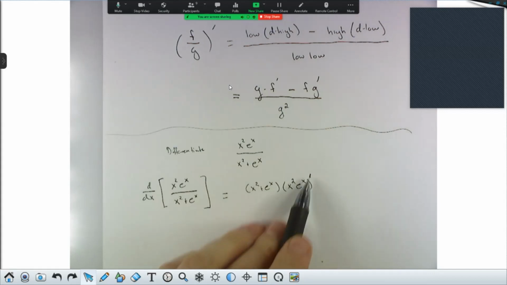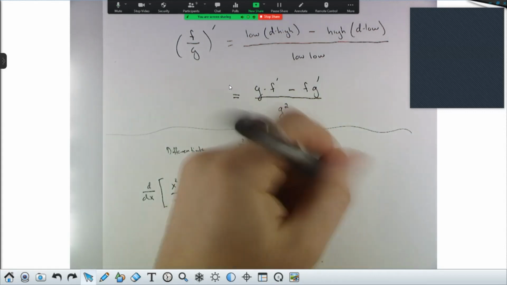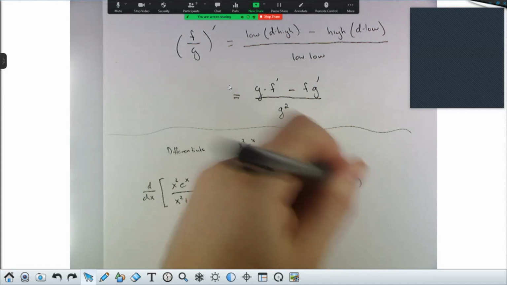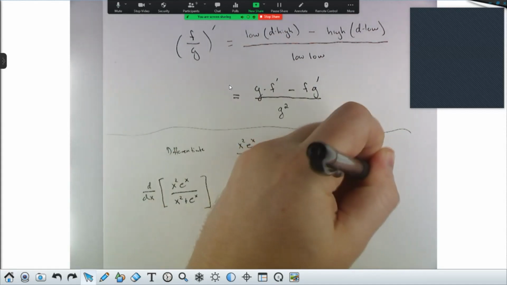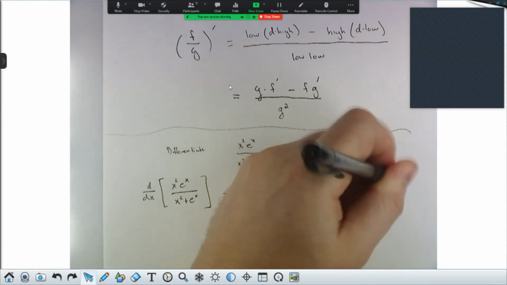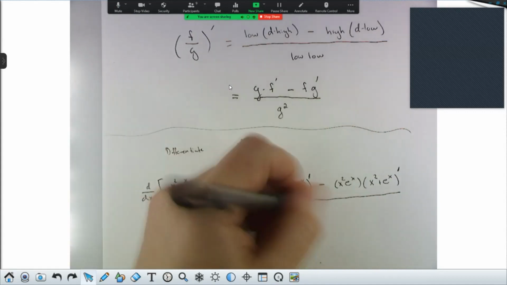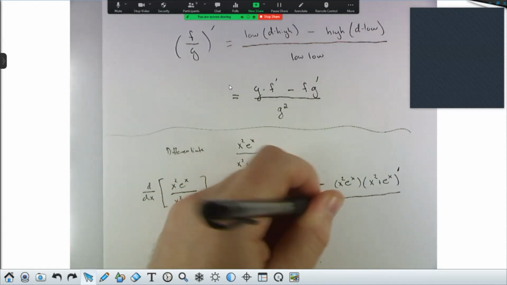So this prime is attached just to this piece, and then minus high d low. So that's x squared e to the x times x squared plus e to the x primed. All of that is divided by x squared plus e to the x quantity squared.